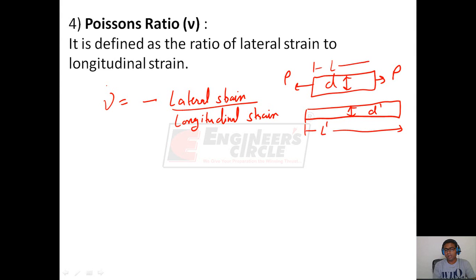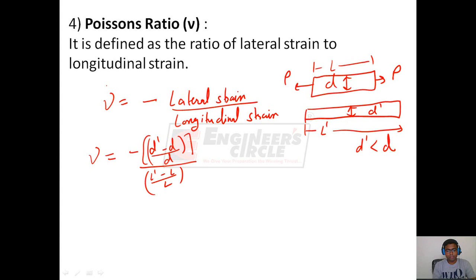The original length is L. Therefore, we can write Poisson's ratio here as lateral strain, that is strain perpendicular to the longitudinal axis, which is d dash minus d whole divided by d, to the longitudinal strain, which is L dash minus L divided by L. Since d dash is less than d, the term d dash minus d will come negative, and this negative will make nu positive.